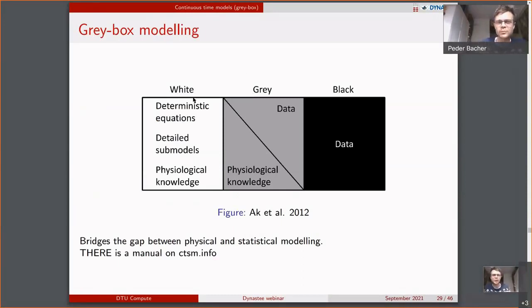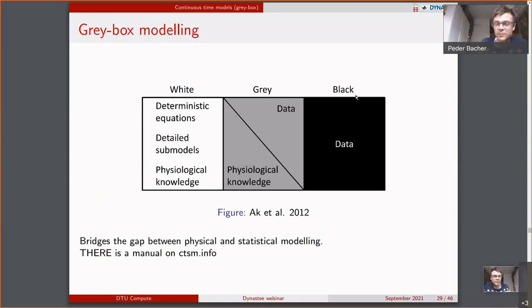A white box model, we would generally think of as a model that was formulated using only prior knowledge from physics. So usually when simulating a building, you would say it's composed like this and this, and now the heat or temperatures will evolve like this over time. But it doesn't include any, let's say, noise terms or error terms in the model.